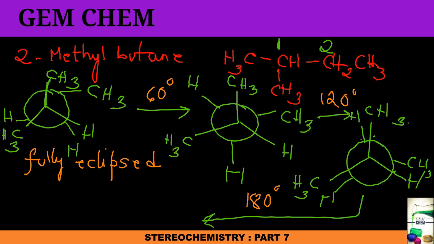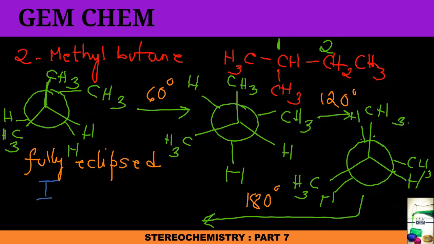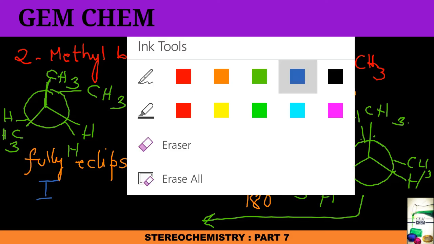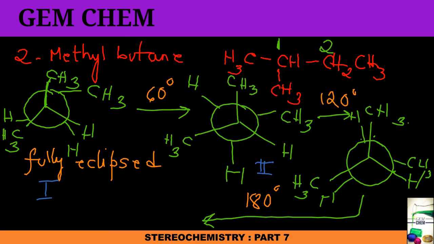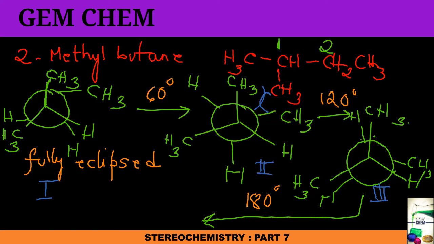So let us name them and then start drawing the potential energy diagram. So this is 1, this is 2, and this 2 is having van der Waals interaction, which we have seen previously, right? So here is our van der Waals interaction. This is number 3, and this is a partially eclipsed conformation, so it will be higher in energy.